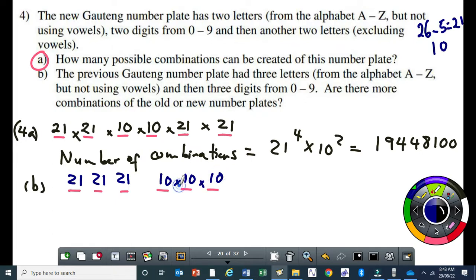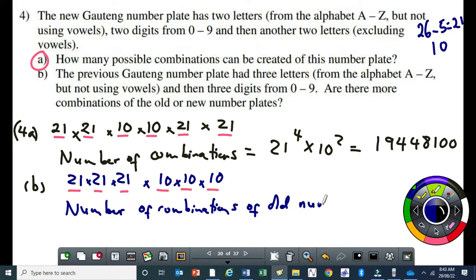Then you use the fundamental counting principle. So here, the number of combinations of old number plates would be equal to 21 cubed times 10 cubed.